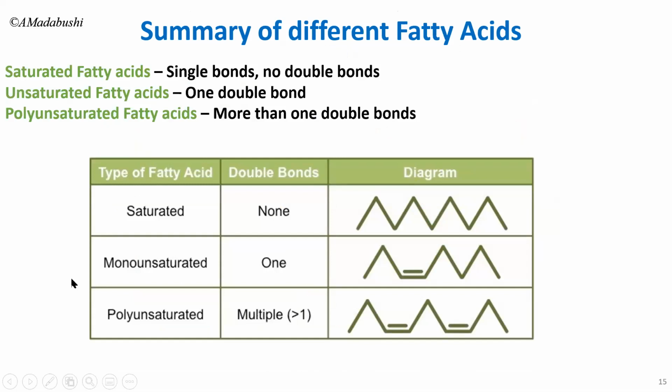One double bond, monounsaturated fatty acid, MUFA. What happens if it has many? It becomes polyunsaturated fatty acid. So multiple double bonds lead to that.